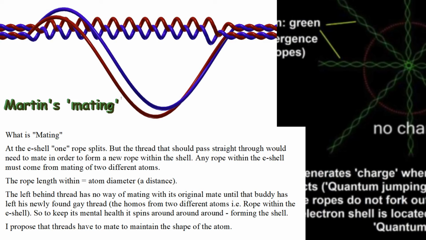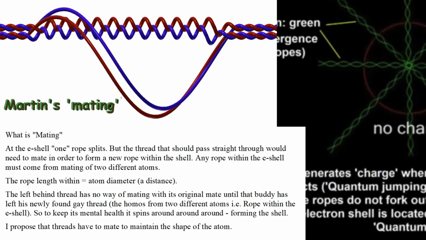This is his equation, and it says that under the rope model, the magnetic thread goes all the way around in integral links. There's never half a link, and that's something to keep in mind there.